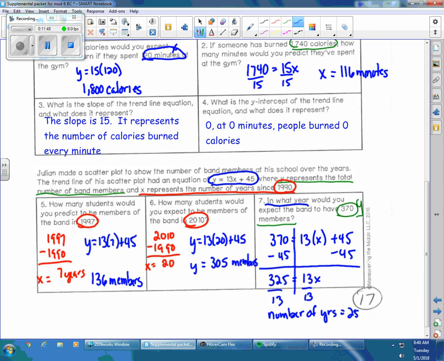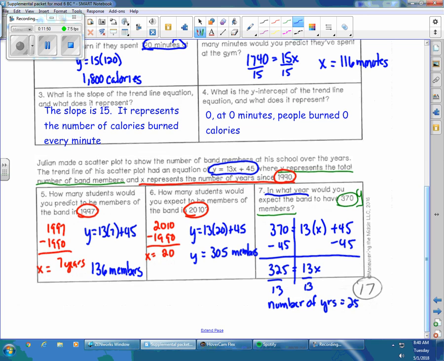So what I have to do is take 1990, because that's the year that this started up here, 1990 plus 25, and that's going to give me 2015. So in 2015, I would expect the band to have 370 members. Okay, let's move on to the next page.